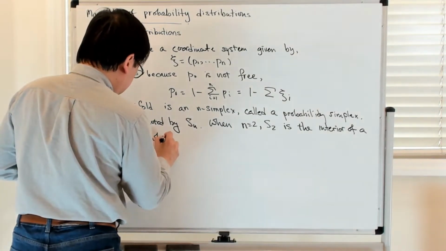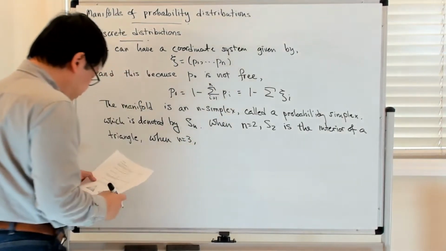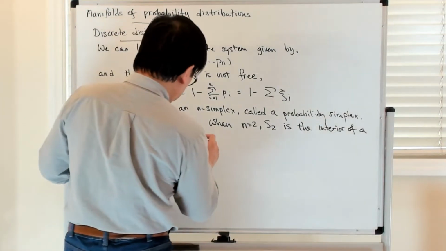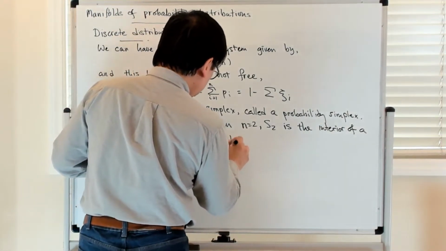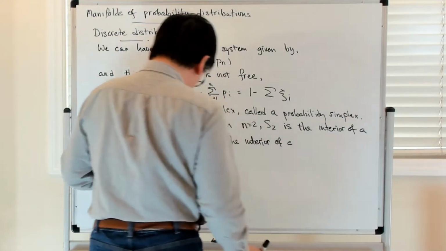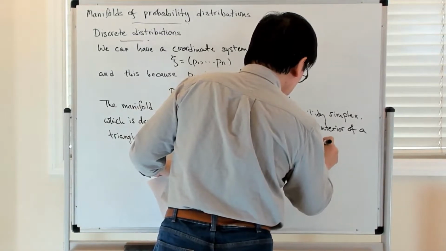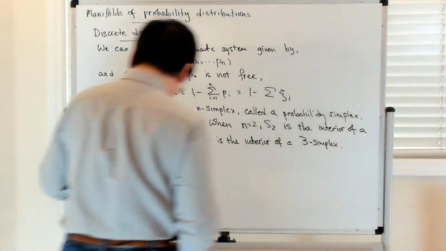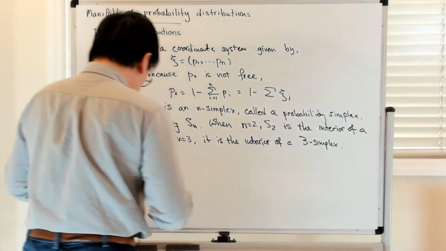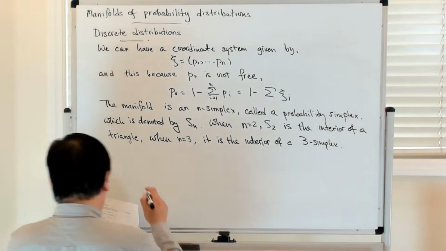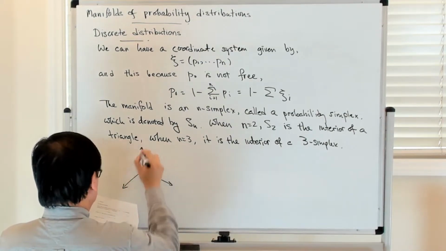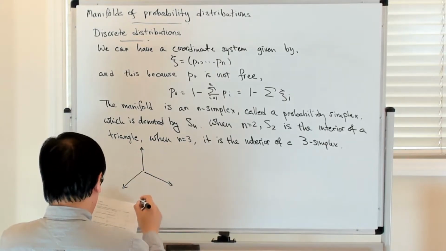When n equals 3, it is the interior of a simplex, like a pyramid, if you will. Okay, so let me just draw the S2 case.